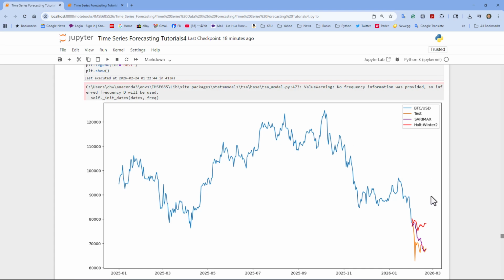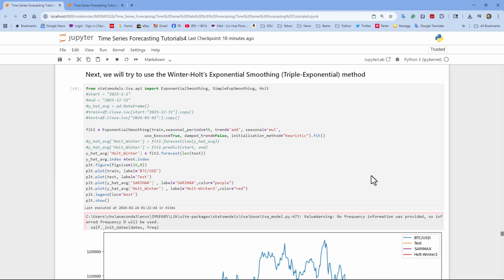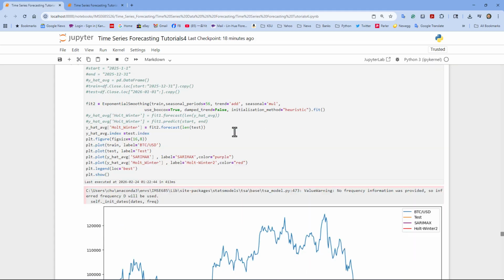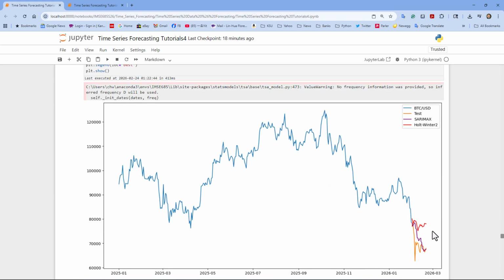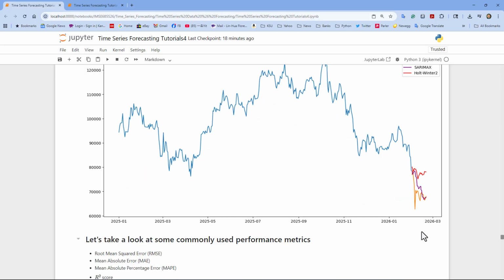And you see the result of the Holt-Winters method, this is fit number 2. And I superimpose both forecasts together. The red portion is the Holt-Winters method, and the purple line is the forecast from the SARIMAX model.